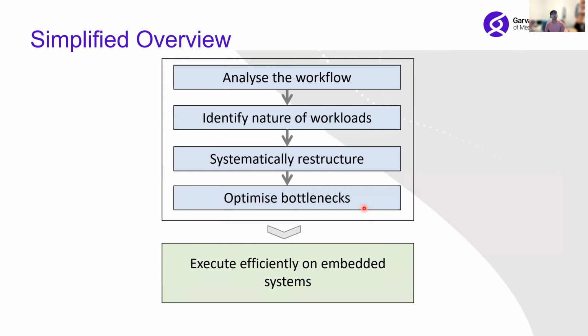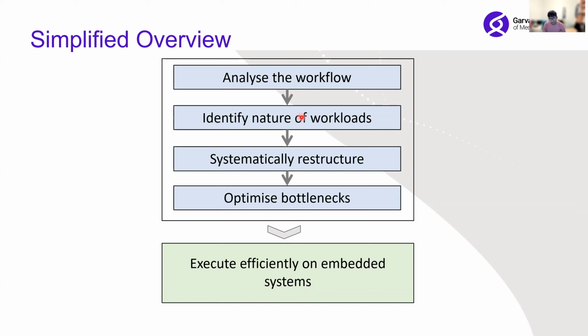I'll show you a simplified workflow of how you can take a piece of software written by someone and nicely optimize it. First, you can analyze the workflow by using various profiling tools, just putting in timestamps. Then we can identify different types of workloads. Some of them might be processor intensive, some might be IO intensive, and so on.